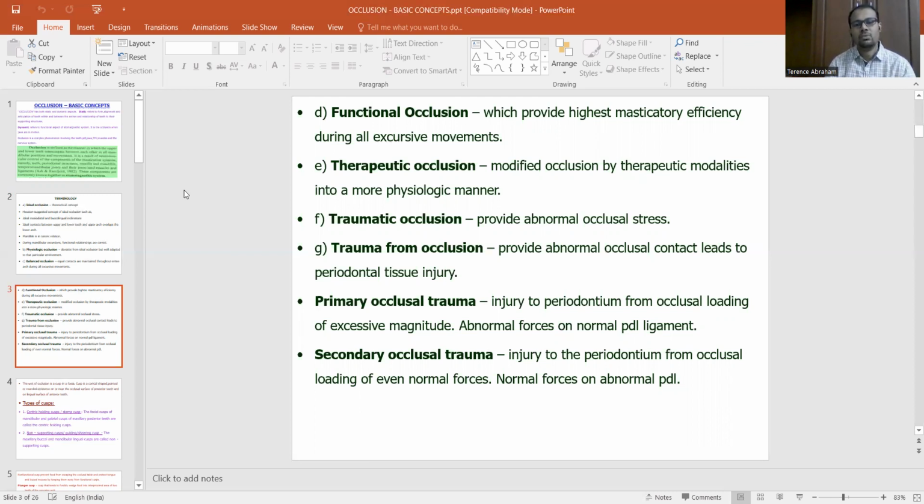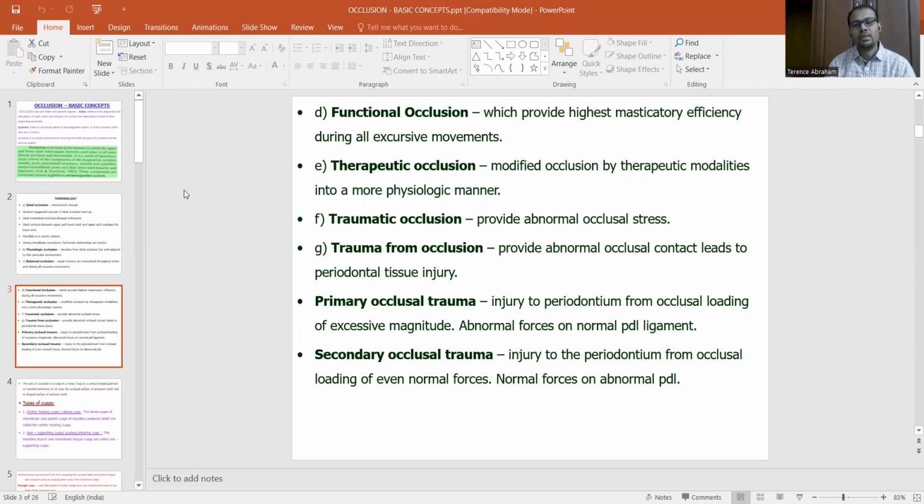That is functional occlusion. What is therapeutic occlusion? It is a modified occlusion resulting from therapeutic treatment, such as orthodontic treatment, which will be more similar to the physiological manner.